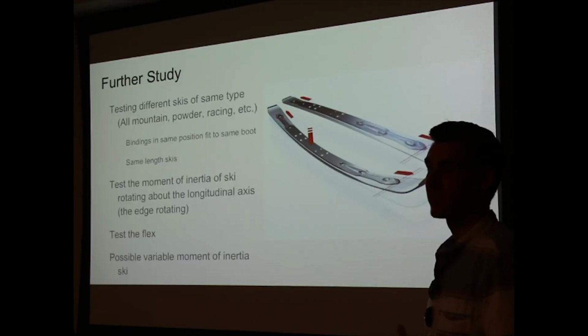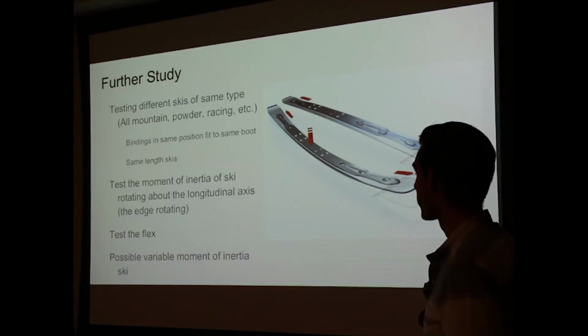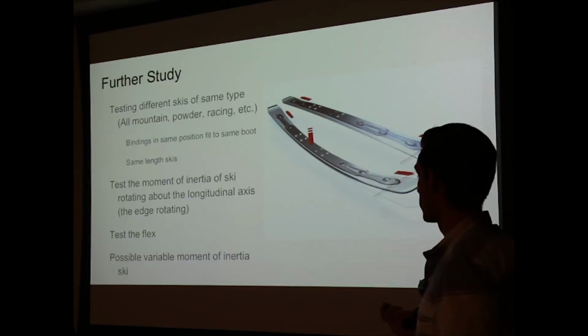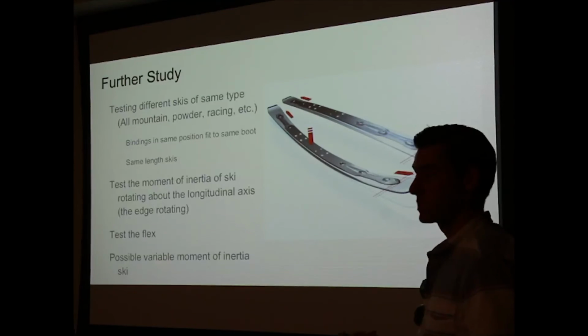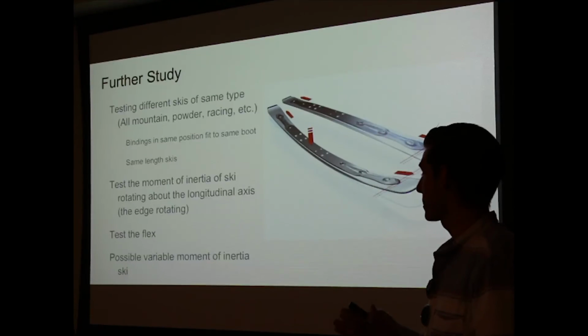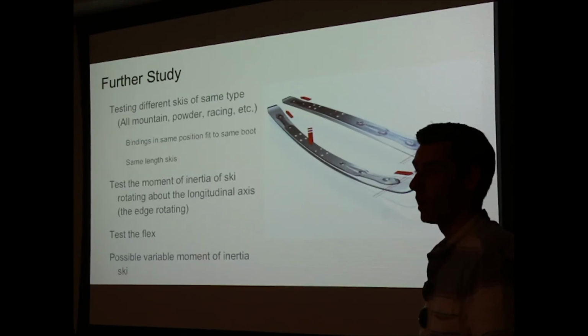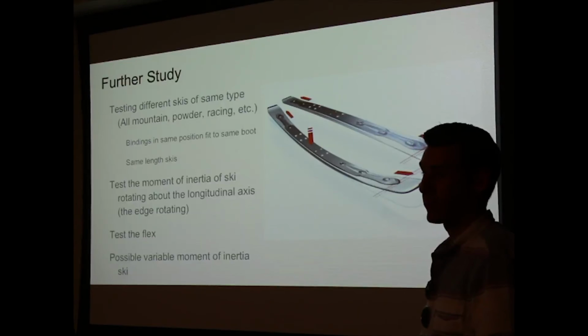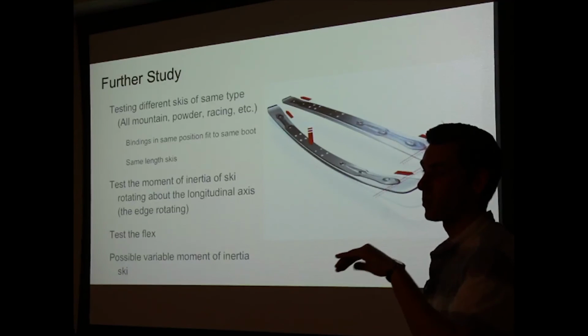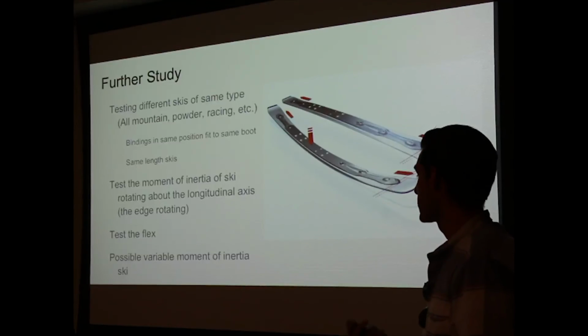You're going to want stiffer or less stiff skis depending on what you're doing to give it more or less pop. And then all this studying could be used in new designs for skis, even possibly a variable moment of inertia ski, where the moment of inertia changes whether you do it or it does it automatically for what you're doing when you're turning or not. And that could be as simple as something that can move mass further or closer on the ski to your foot.